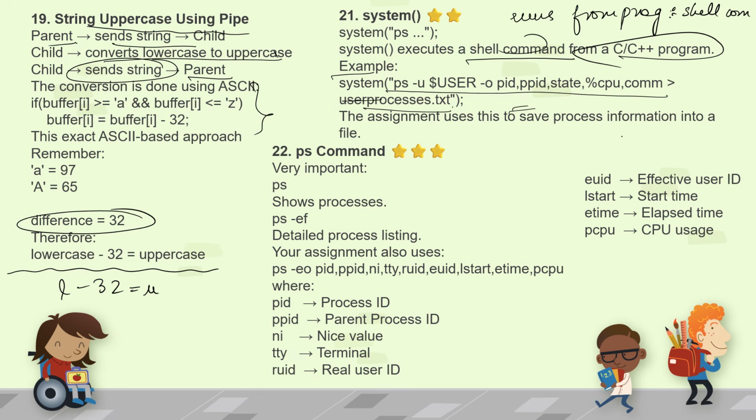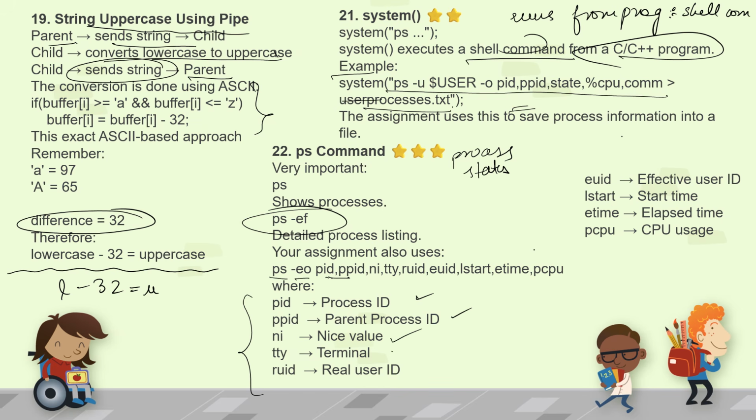While the PS command here is your process status command. I'll write the full form for you. Process status. This lists all the currently running programs and their process IDs. There are different options like ps -e, PID, PPID. You can understand PID means process ID, PPID means parent process ID.